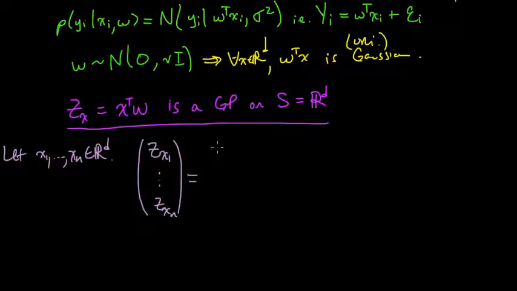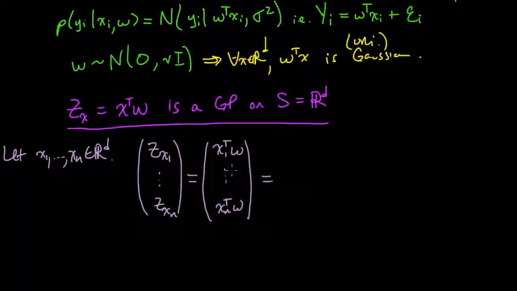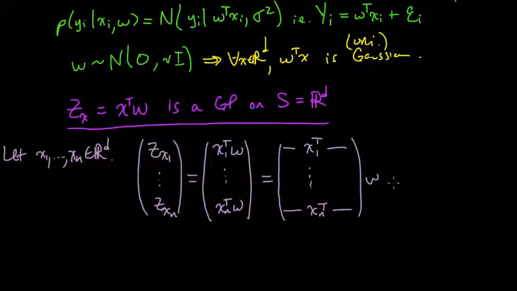So what is this? Well, let's just plug in the definition of what these things are. And now what can we do? Well, we can factor out W here. We get a matrix with rows x1 transpose to xn transpose, times this W vector.